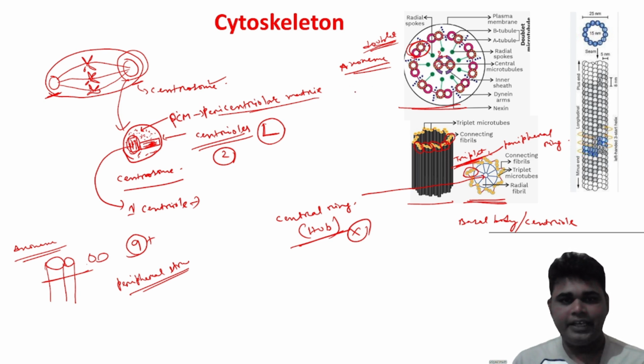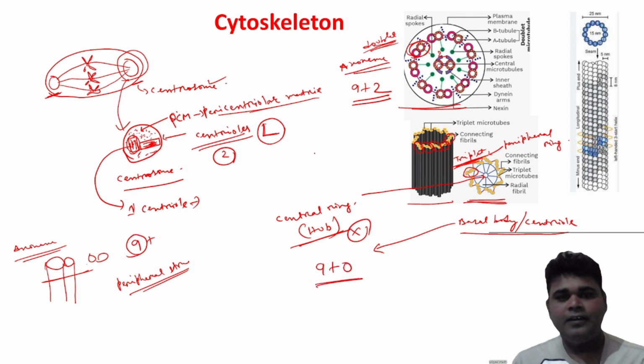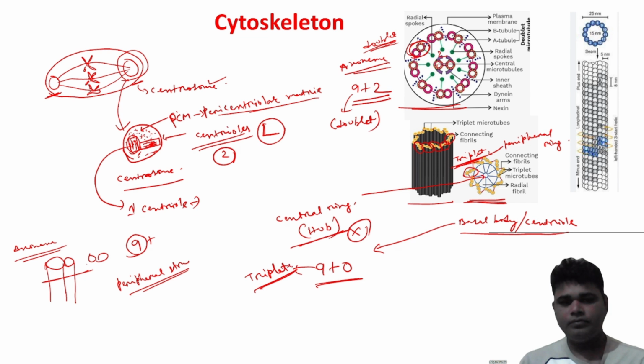That's why the axoneme structure is called the 9+2 arrangement, and the basal body or centriole is called the 9+0 arrangement. Here the 9 are doublets, and here the 9 are triplets. These are the main differences between the axoneme structure and the basal body structure.